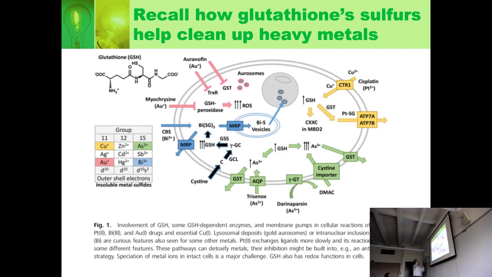Then you can put it into the vesicles, or you can export it. You can do whatever you want, but it is a detox mechanism that works far better than what bacteria have. In fact, I'm not sure bacteria have it at all. And you see that glutathione is involved with these other colors. It's involved with copper response, gold response, and arsenic response.